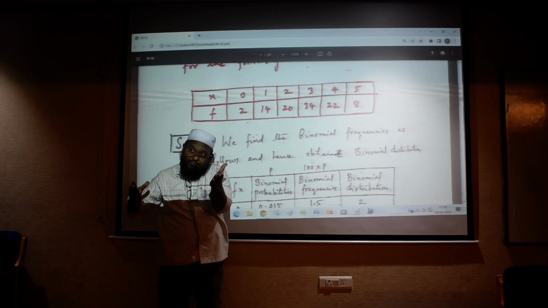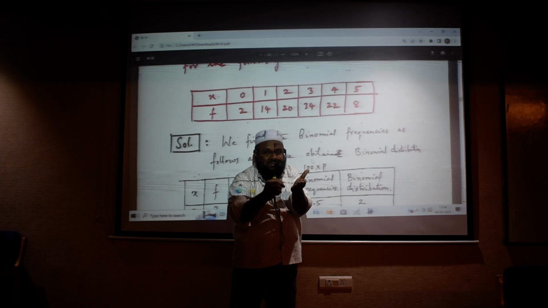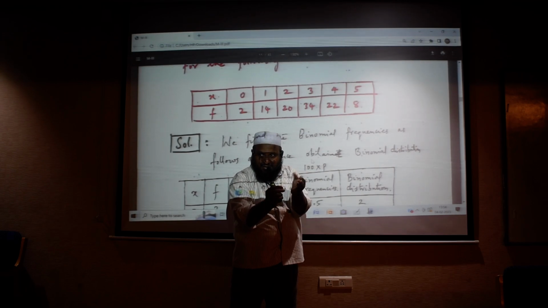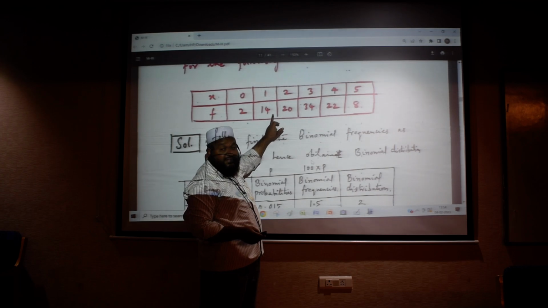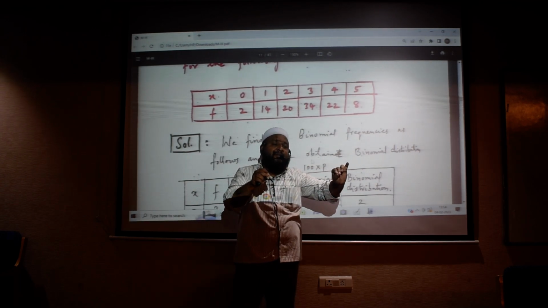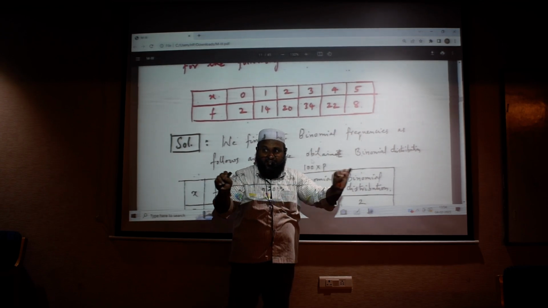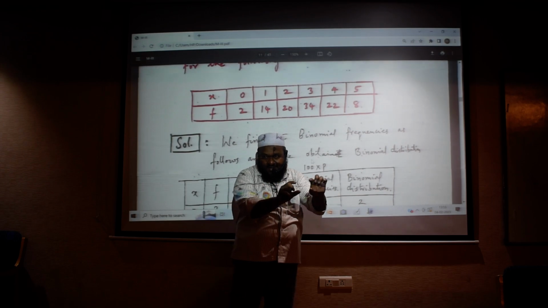We are trying to fit a binomial distribution. Then the binomial distribution is telling some numbers, no? What were those numbers? Do you remember? 2, 10 and 26. So 2 is matching. 26 is close to this 20. 10 is close to this 14. This is the frequency distribution, but when we are fitting binomial, then these numbers will come.